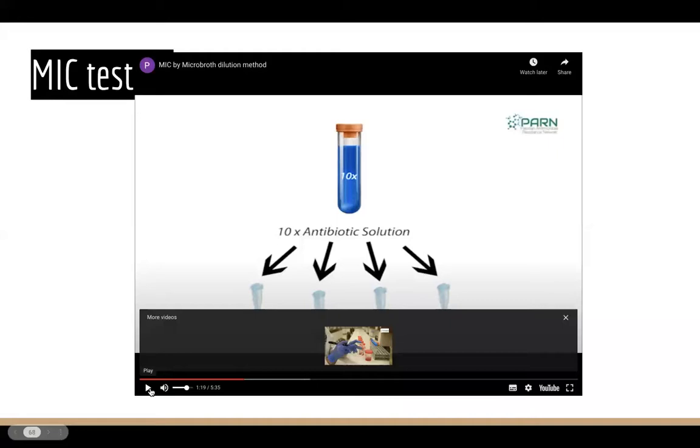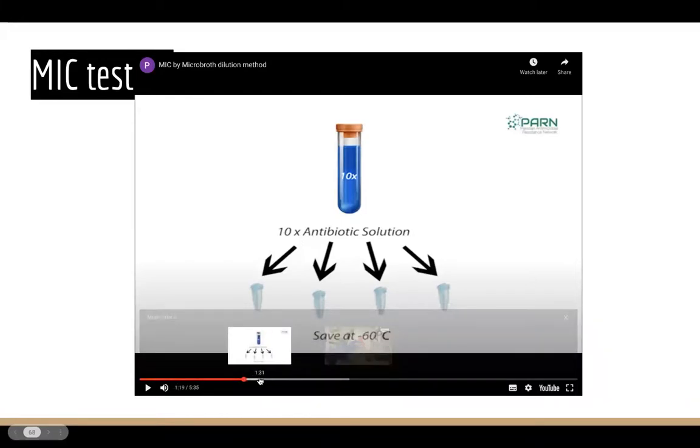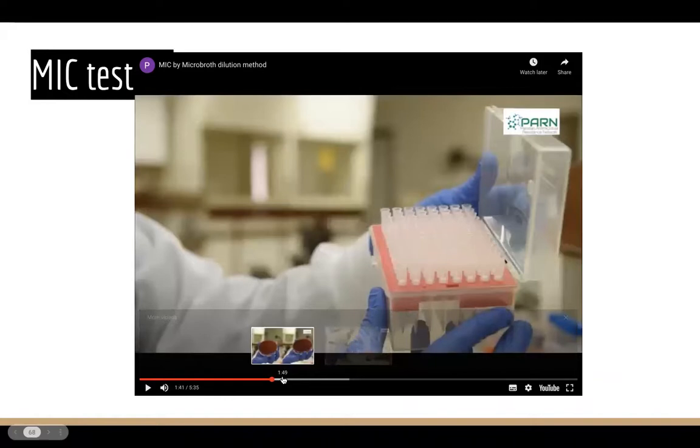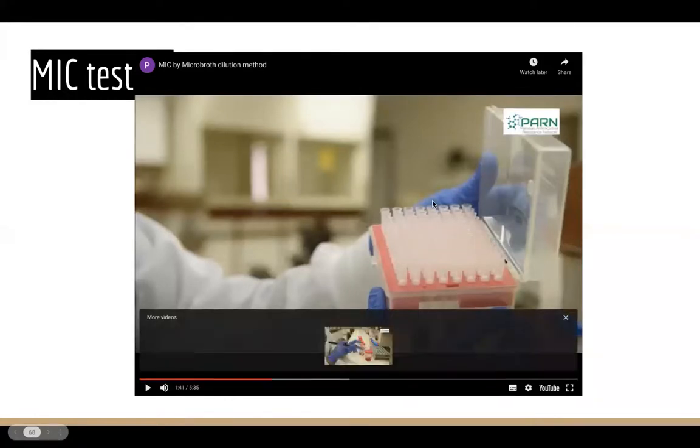You take 1/10 of that and put it into the next one, then 1/10 and 1/10 again. You get a serial dilution where you reduce the concentration by a factor of 10 each time. You can change the accuracy as well. Instead, with 2 times dilution, you can get very accurate MICs that way too, but it normally tends to be 10 times. And we're using lots of pipette tips for this.